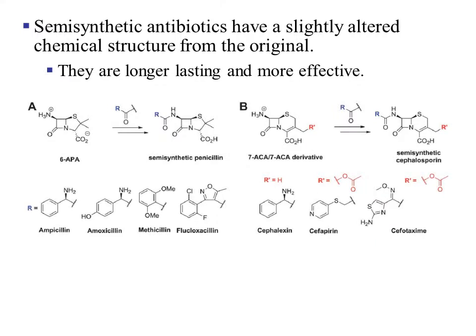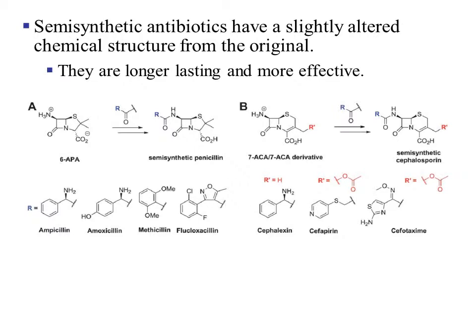Semi-synthetic antibiotics have a slightly altered chemical structure from the original. When you alter a naturally occurring antibiotic, you make it more efficient. You make it last longer in the presence of very harsh chemicals that the bacteria can produce to try to deactivate it. In this picture, we're looking at some drugs that have been chemically altered.